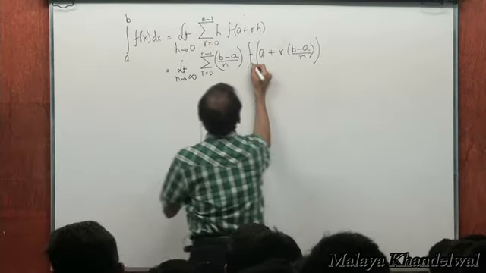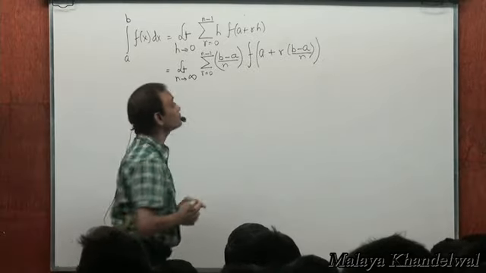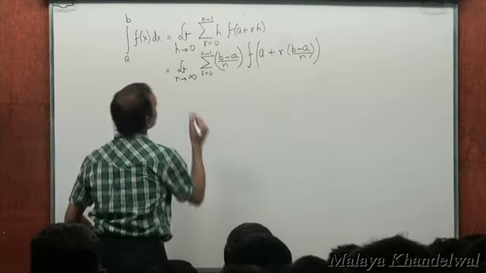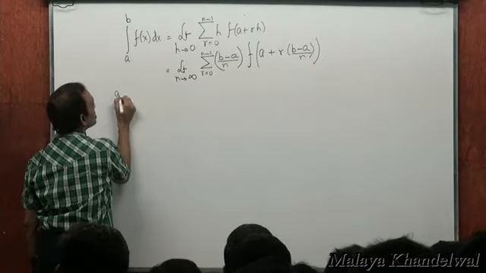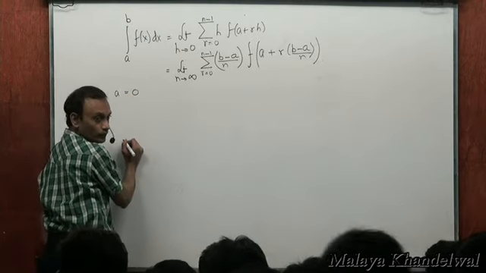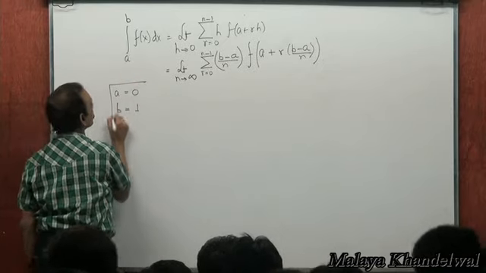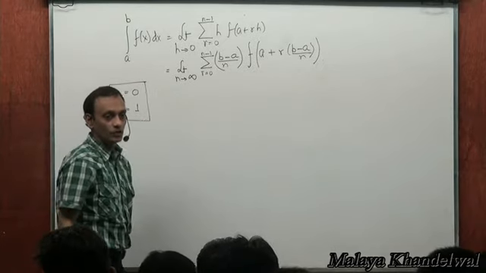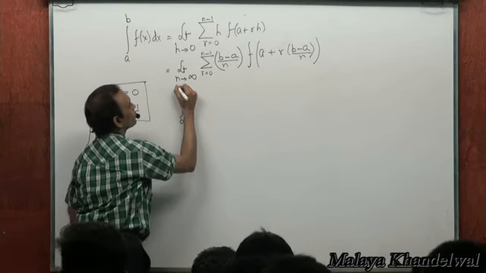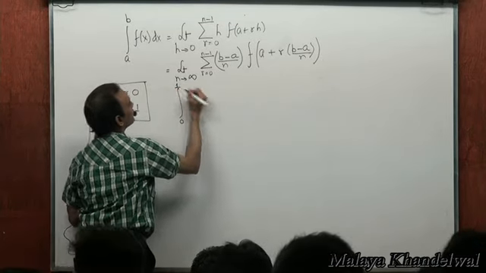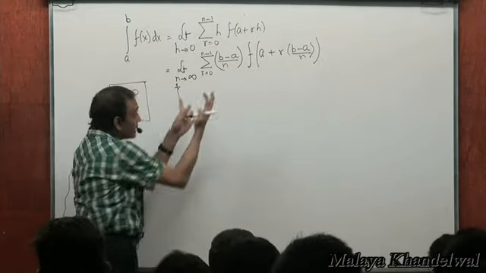And therefore a special case of this which becomes very, very useful is the following. The case where the lower limit a is 0 and b is 1. Which is a very effective tool in evaluating limits of a certain kind. I'll tell you what kind.